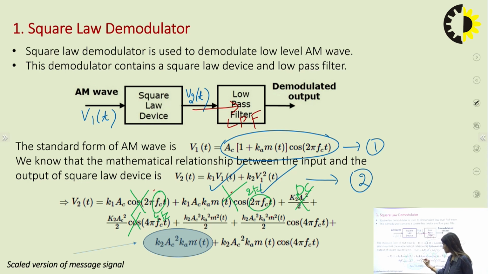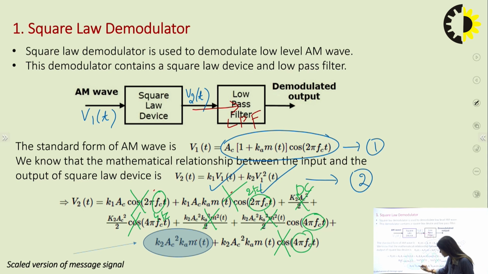So it will also be neglected by the low pass filter, because the low pass filter is only tuned to FM. It won't pass twice of FM, right? Again here, 4FC component, it is not going to be passed. Here again, this 4FC component is not being passed by the low pass filter.